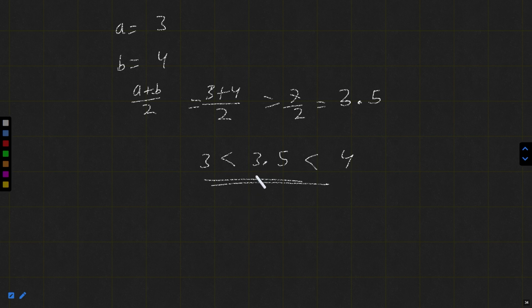See how we find the rational number between two given rational numbers. In this way we can also find more numbers.